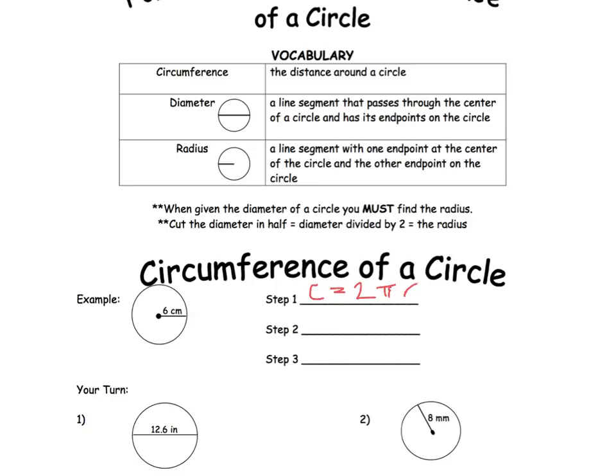Replace the formula equation with the appropriate numbers. C equals 2 times 3.14 times 6 centimeters. Step 3. Solve and label with the correct unit of measure. C equals 37.68 centimeters.